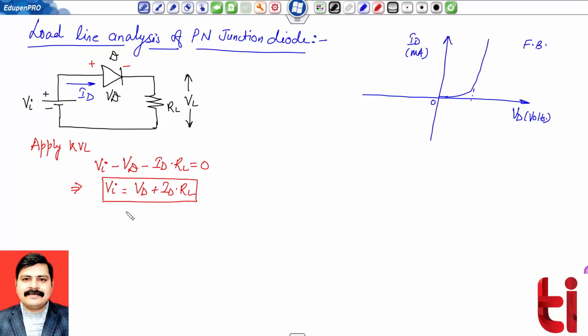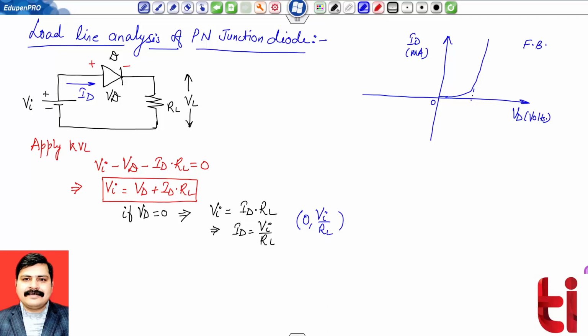So over here, considering VD equals 0, we have VI equals ID into RL. Ultimately, my ID will be equal to VI divided by RL. So in this situation, I have the point 0 and VI upon RL.